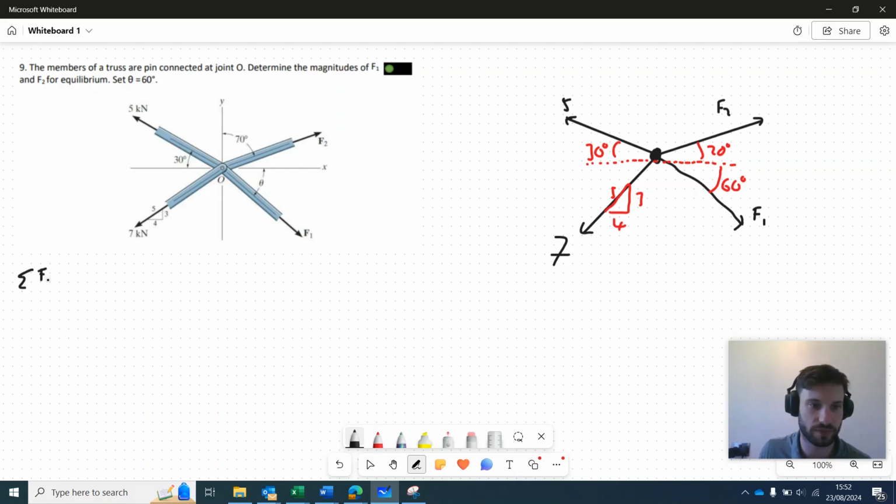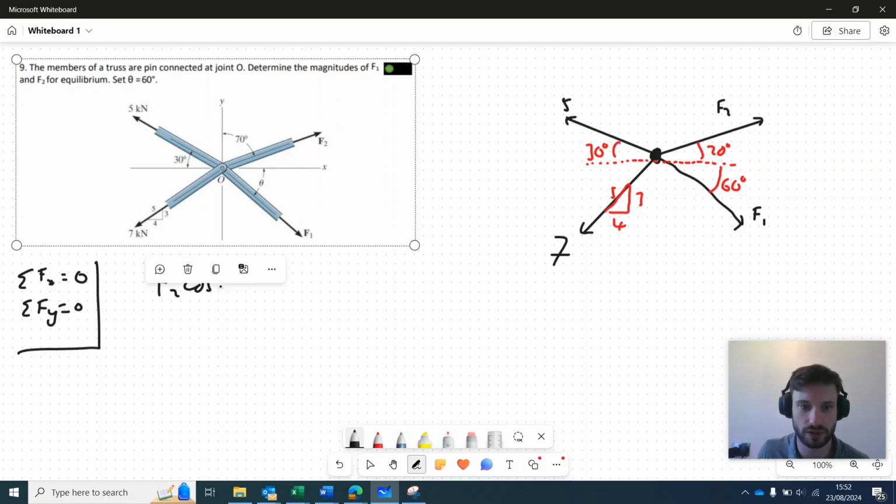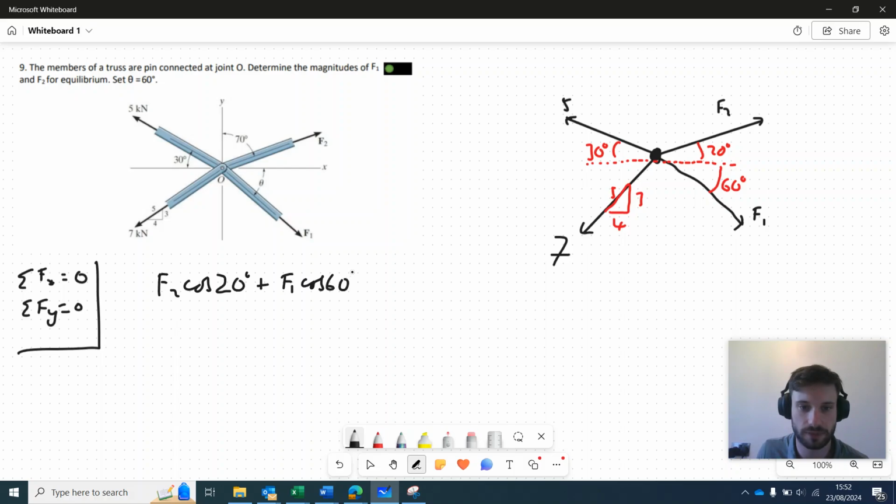So it's understood that this system is in equilibrium, so we can say that the sum of the forces in the horizontal and in the vertical are equal to 0. Let's start by resolving horizontally first. Let's consider things moving to the right. We've got F2 cos 20 plus F1 cos 60.